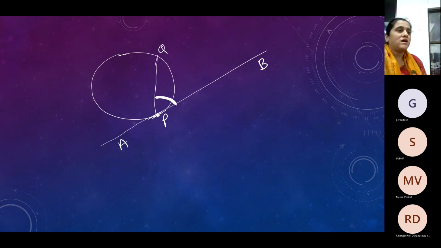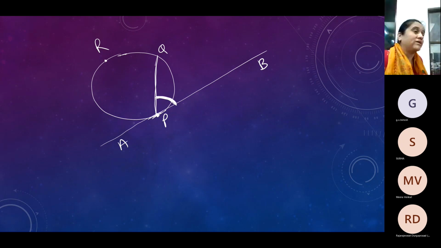Now, this chord PQ can subtend different angles at any point on the circumference of the alternate segment. You take any point. I'm just taking some random point, R. It's not that I should take it there only.